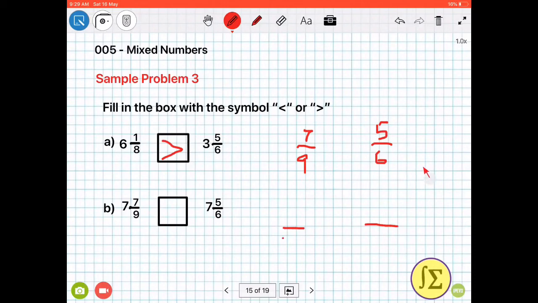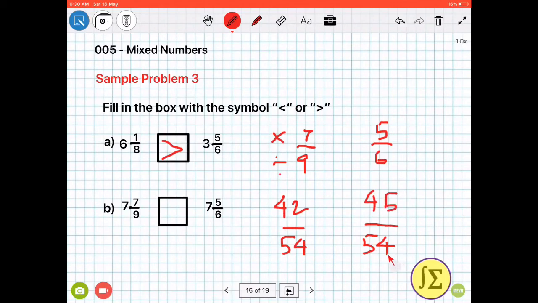Okay, so you get 54 for both. Right? Now we have to determine the numerators. How do we do that? We take this number, divide by 9, and then multiply with 7. So 54 divided by 9, you get 6. Multiply with 7, you get 42. And 54 divided by 6, you get 9. You multiply with 5, you get 45.